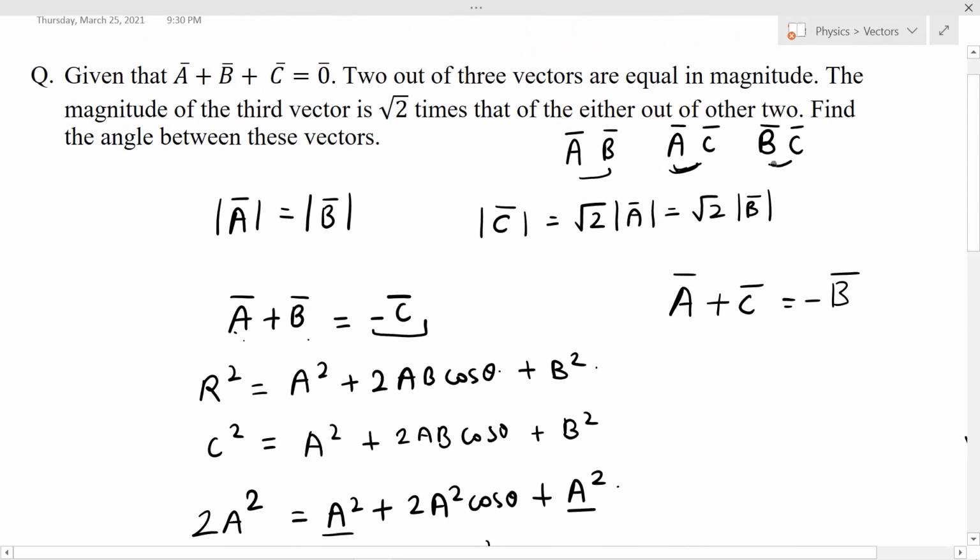Now what remains is to find the angle between b bar and c bar. Again we will use the same procedure. So b bar plus c bar is equal to minus a bar.